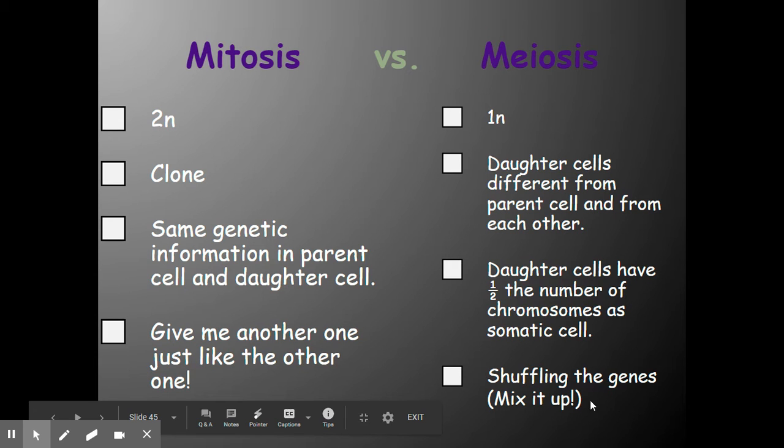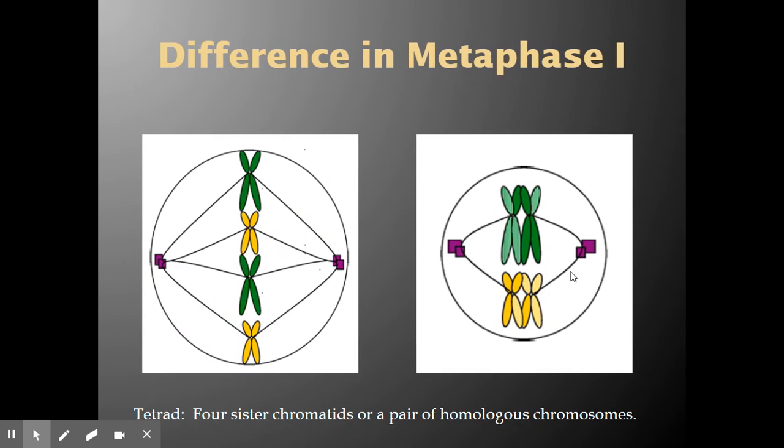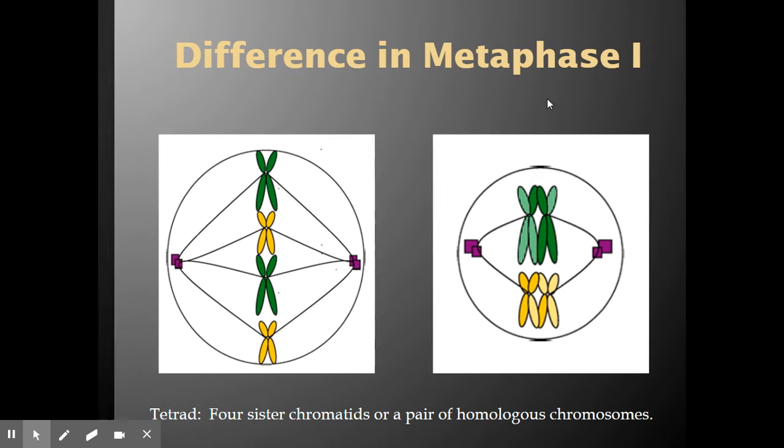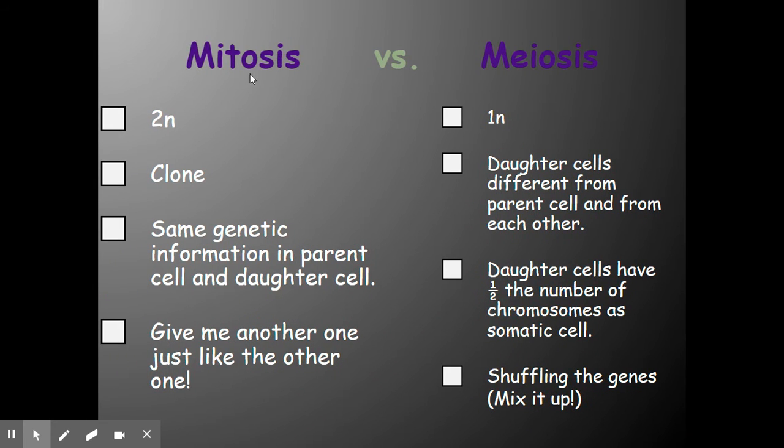Give me something different is what meiosis is all about. Okay? So, I'm going to tell you right now that mitosis and meiosis look like a very similar process. The only difference is that meiosis is longer.